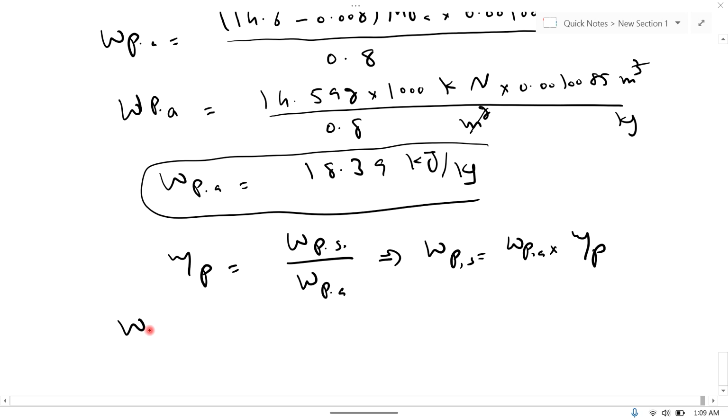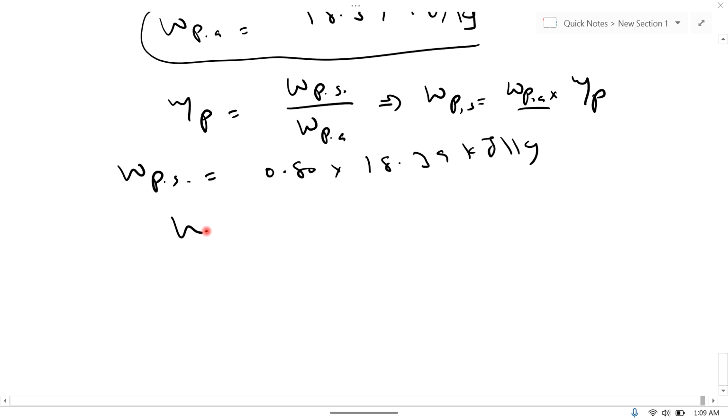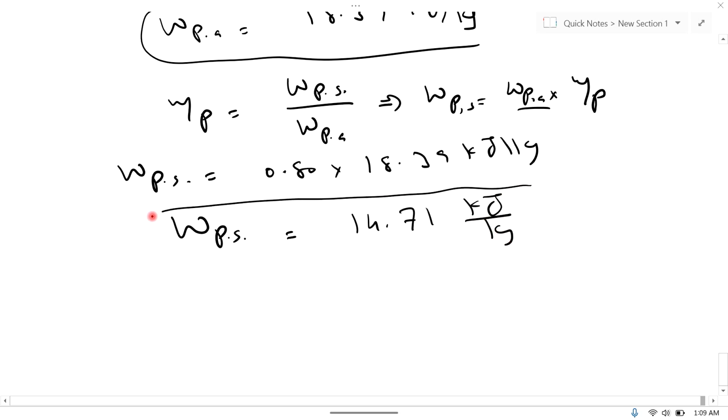So WPS is equal to, pump efficiency is 0.80 and WPA is 18.39 kilojoule per kg. So this is equal to 14.71 kilojoule per kg.